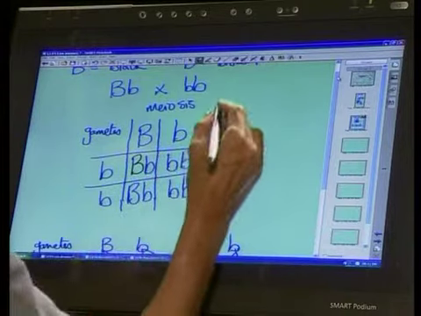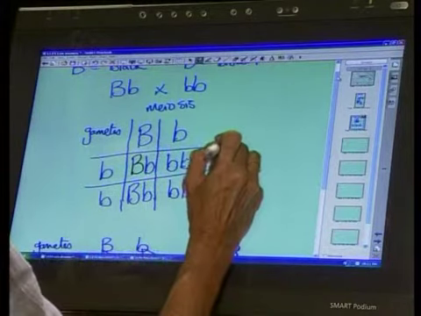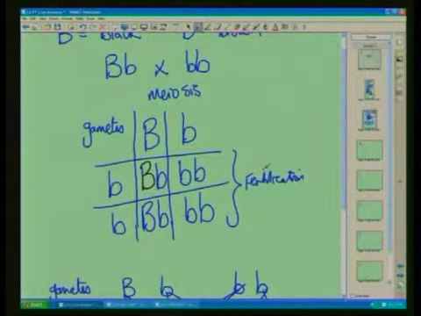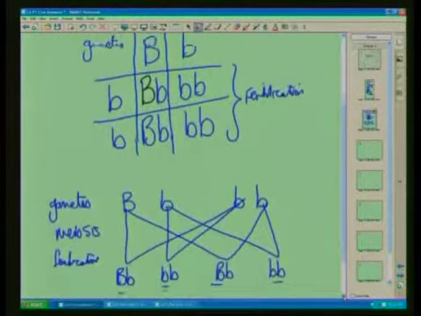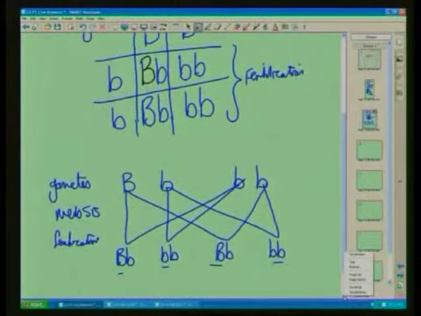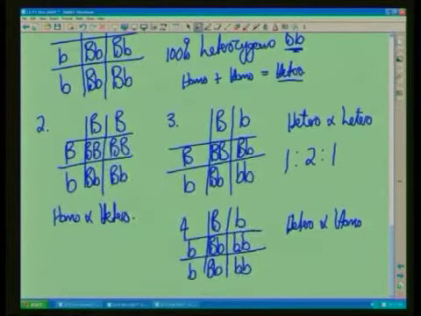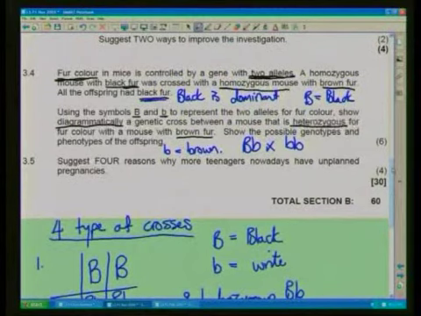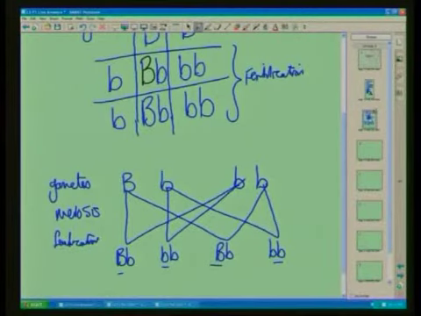So this is where fertilization takes place. Now I'm going to have to write the genotype and the phenotype. Let's go back to our question and check what exactly they wanted. They wanted us to show the possible genotypes and phenotypes of the offspring.